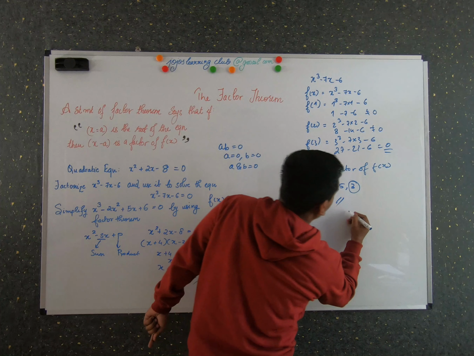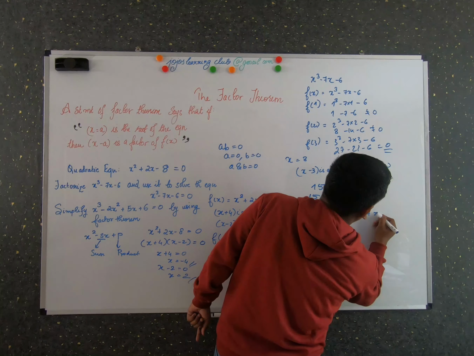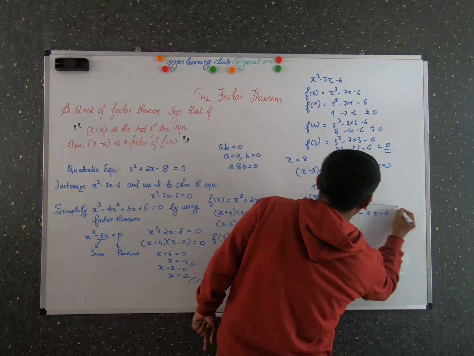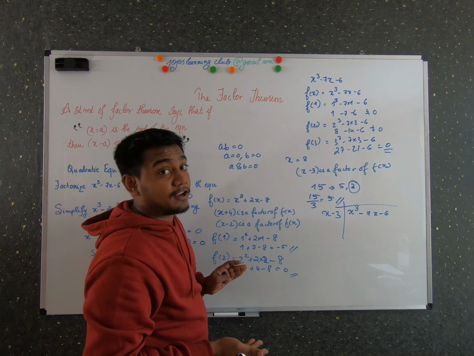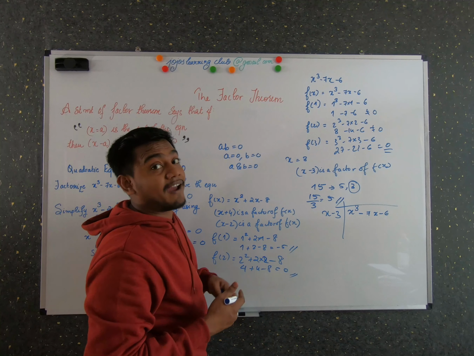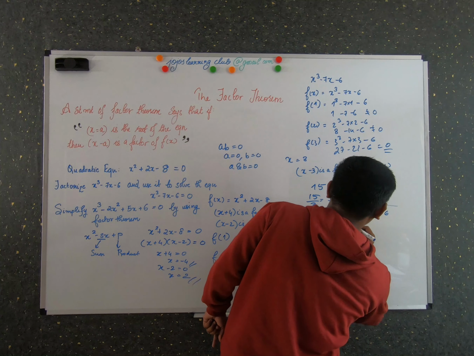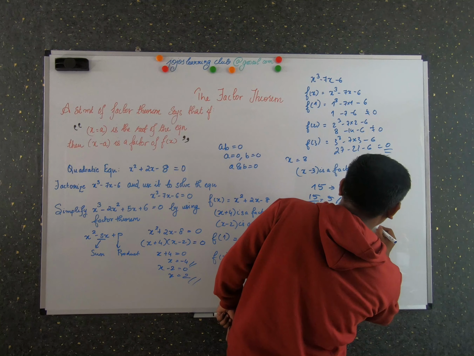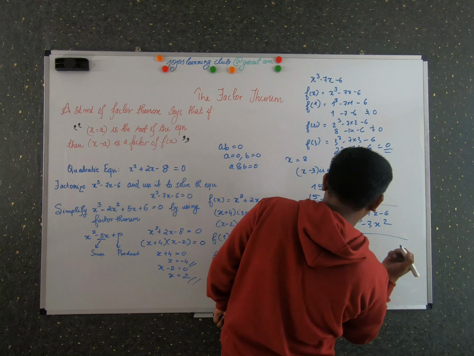So now you can break this x cube minus 7x minus 6. As you know, x minus 3 is a factor, so you can divide by it and make it into a quadratic expression. Then you can find the rest of the roots. So x square: x cube minus 3x square. There is no x square term, so I'm going to write minus here.